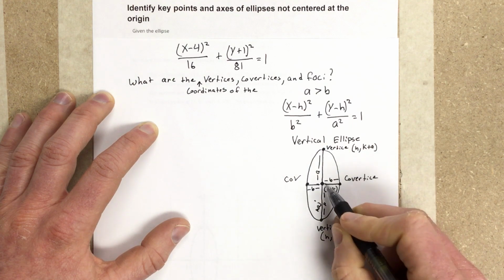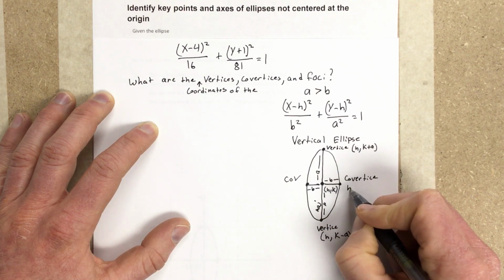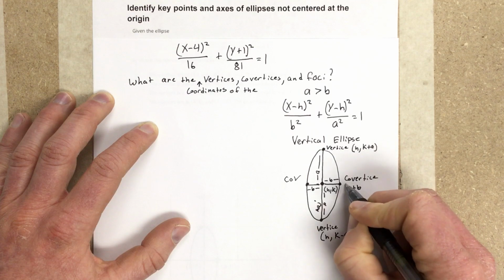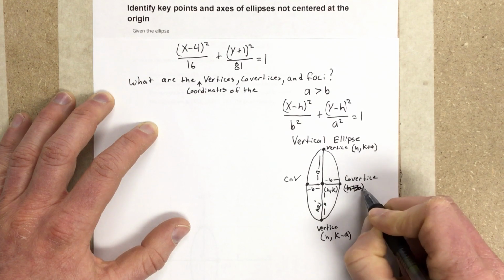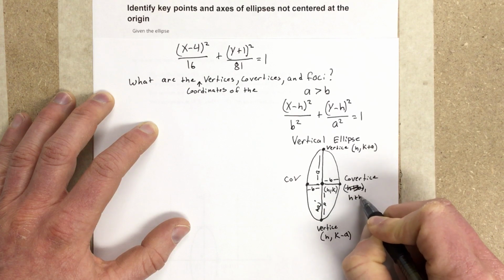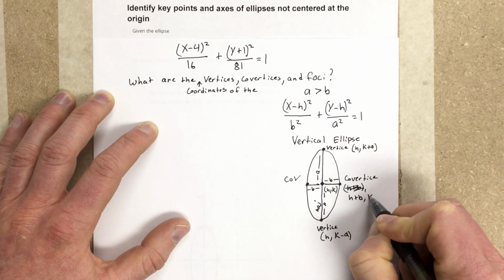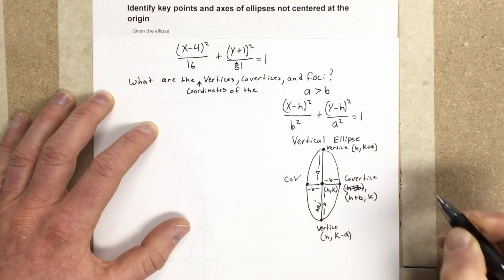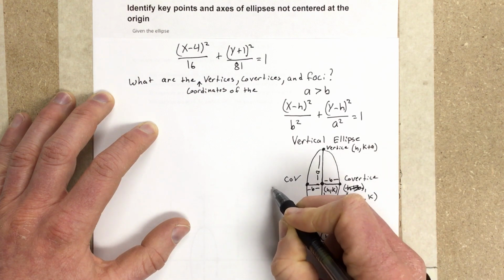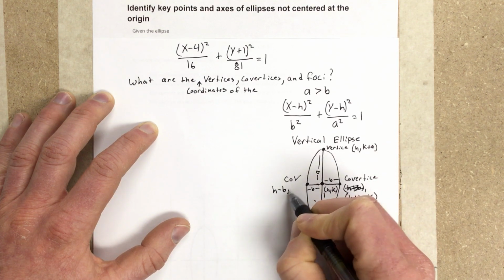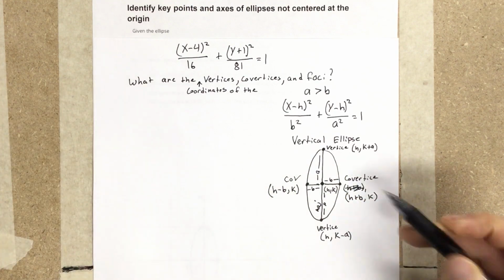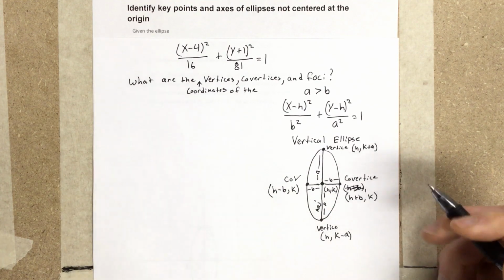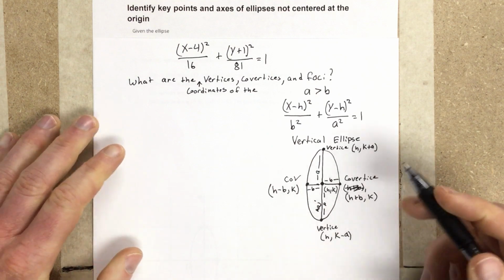So we'll have h plus b, comma, k, and this one will be h minus b, comma, k. So that's what our ellipse is going to look like.